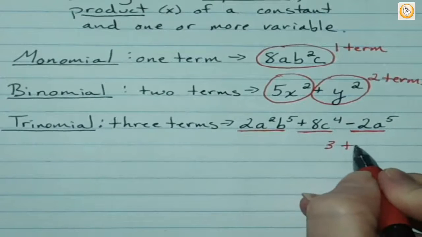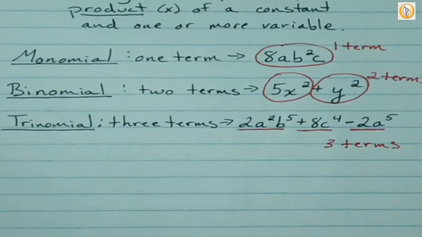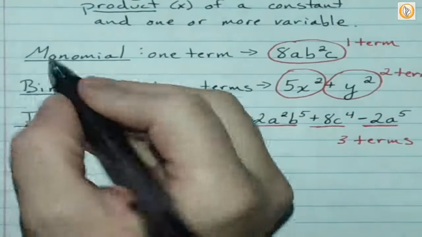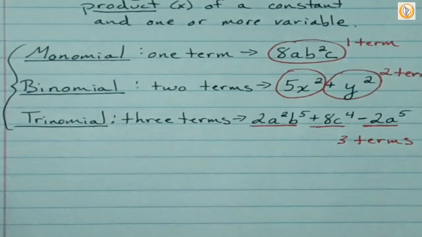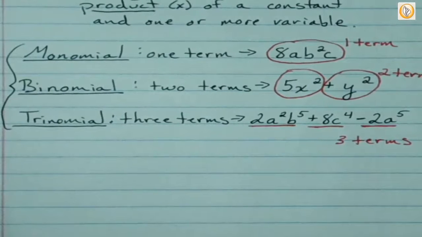So I have 3 terms. Basically, 3 groups. And y'all did something similar on that 6 weeks exam where you had the groups. You know what I'm saying? So you've already kind of seen this. So these are the 3 types of polynomials.